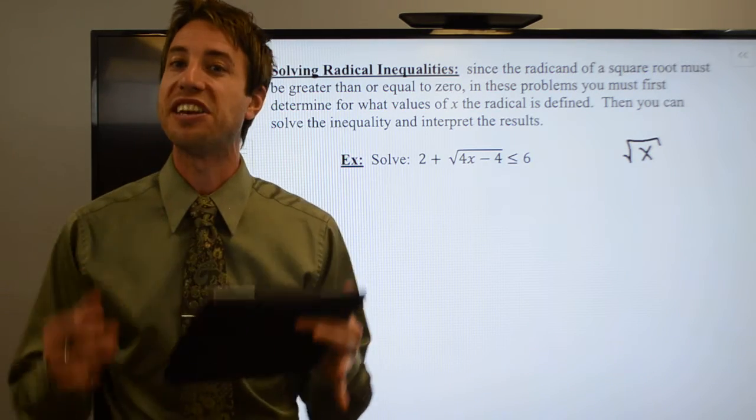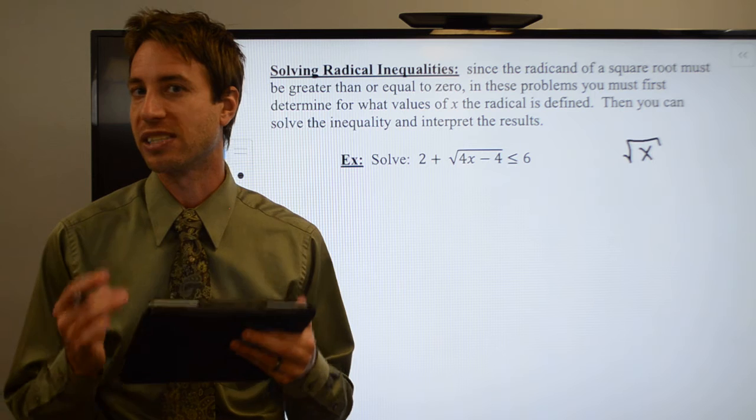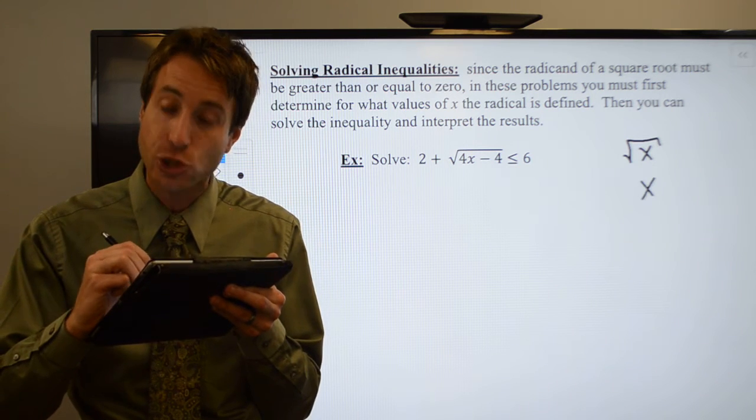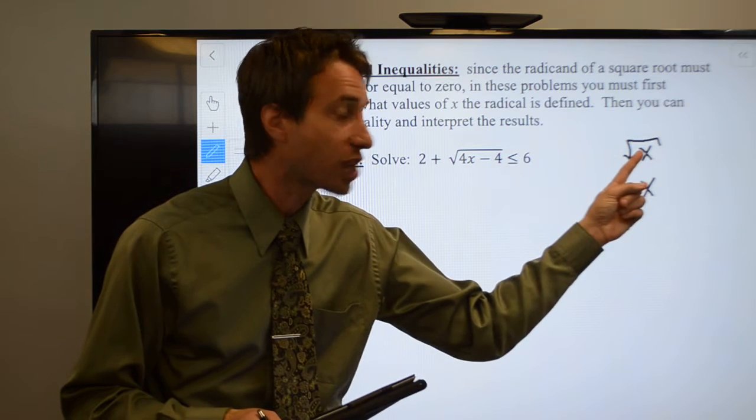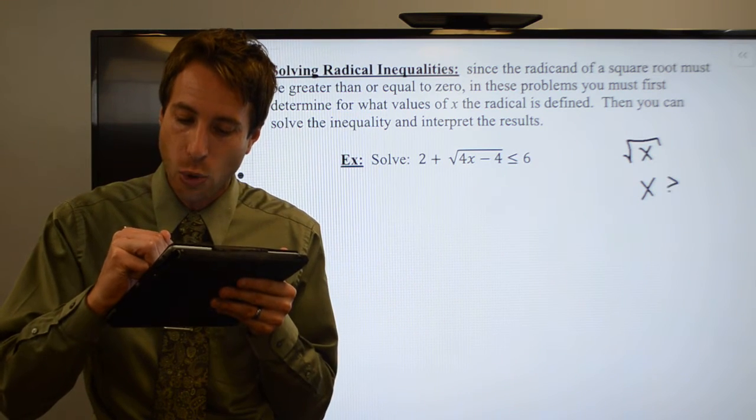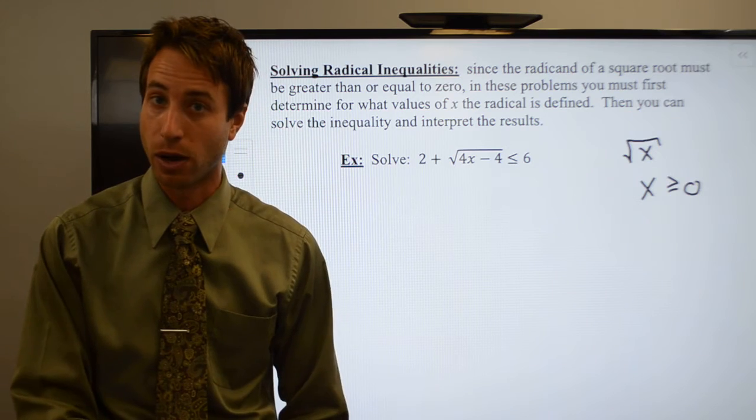We don't want negative numbers under the radical because that'll give us imaginary solutions. So whatever goes under the radical, this x must be greater than or equal to 0.